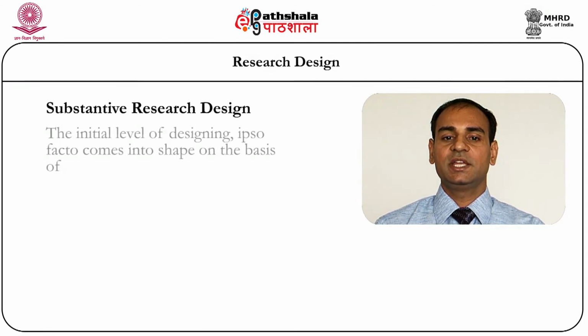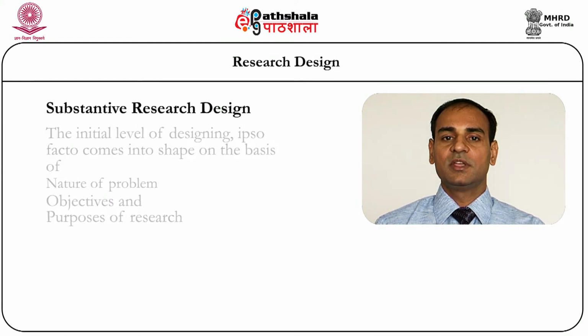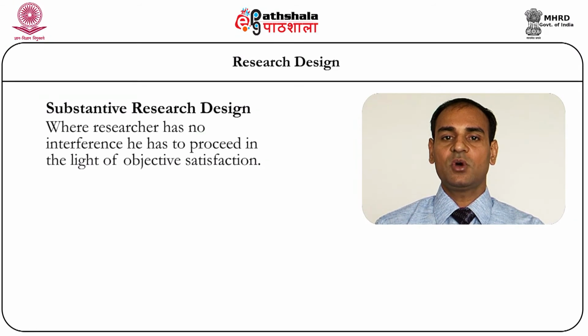Substantive research design is the initial level of designing which ipso facto comes into shape on the basis of the nature of the problem, objectives of research and purposes thereof, where the researcher has no alternative choice and no interference in the proceedings. He has to proceed in the light of the objectives.